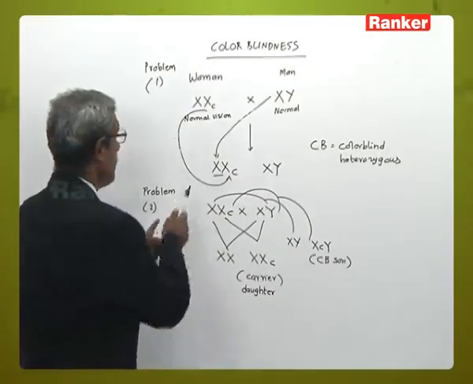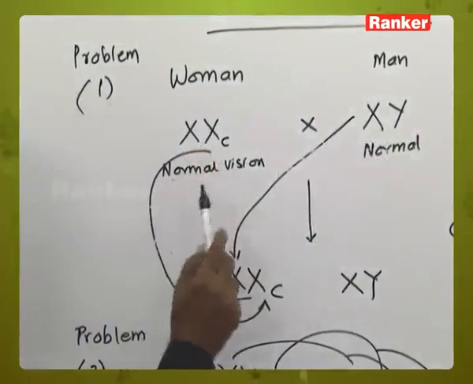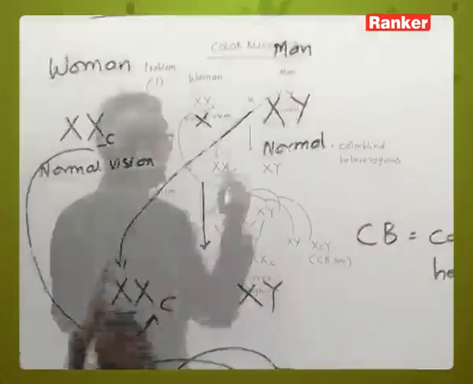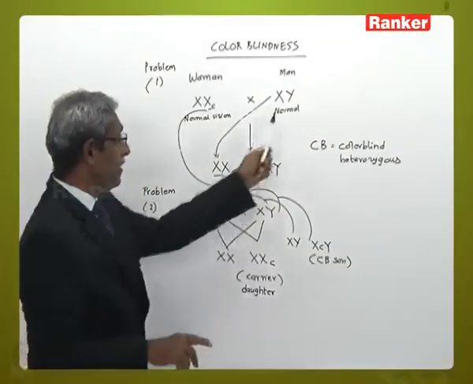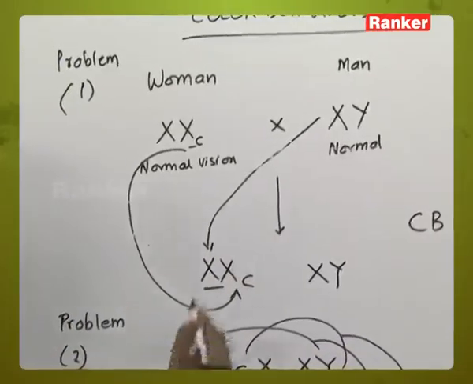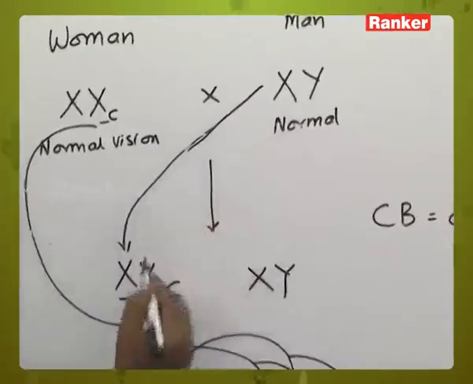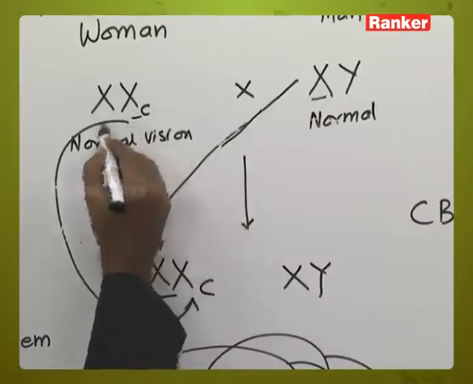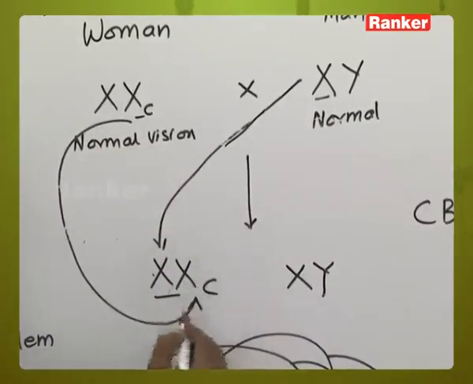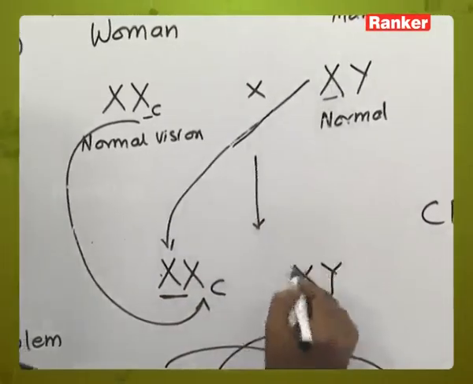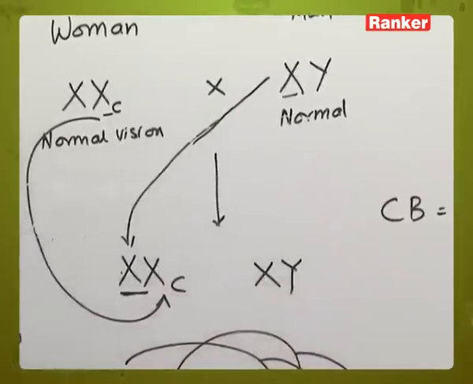Now what happens when a woman who's got a normal vision but is a carrier of color blind gene marries a normal male? The normal male is designated as X and Y. Thereby here in a subsequent crossing, we have the X chromosome from the male coming over here, and we have the color blind gene X coming over here, and XXC comes on one side, and then we have XY on the other side.